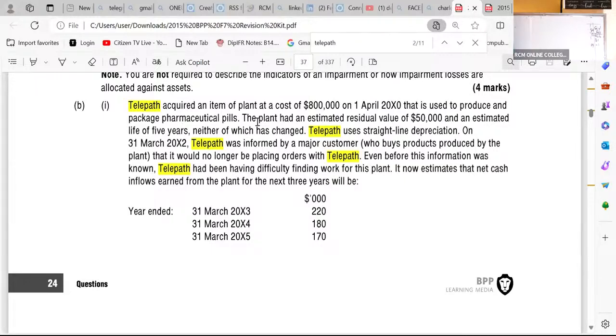On 31st March 2022, Telepath was informed by a major customer who buys products produced by the plant that it would no longer be placing orders with Telepath. Even before this information was known, Telepath had been having difficulty finding work for this plant. It now estimates the net cash inflows from the plant for the next 3 years, so we have those.